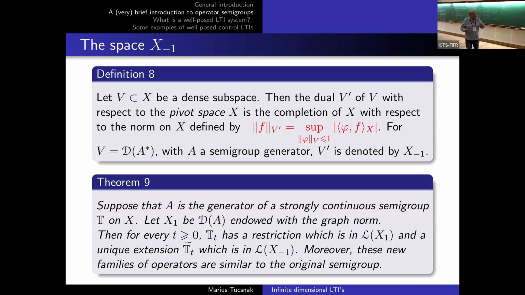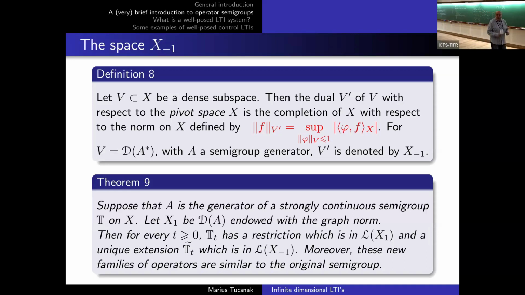I can identify V prime with V. I can identify it with many other spaces. It suffices to choose a pivot space. And that's the notion of pivot space, which here I take not an arbitrary V, but a V included in my Hilbert space X with a continuous embedding, which I forgot maybe to say. I complete V prime with respect to this norm.